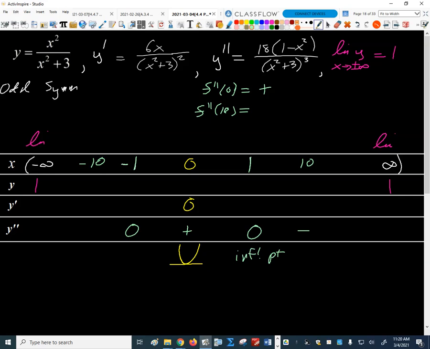Okay, can you tell me what am I going to get there? Negative or positive? Well, obviously it's going to be negative, isn't it, if I plug it in? How could I have known that without even having to plug a point in at -10? On the top, you mean, right?